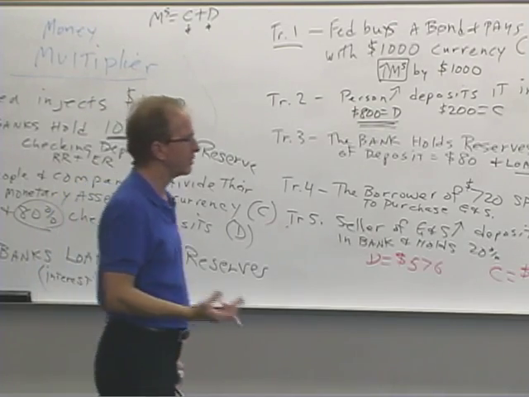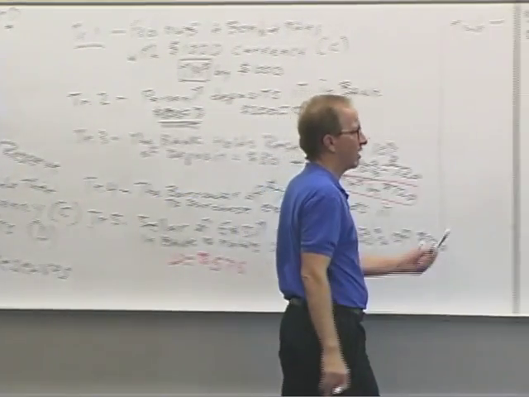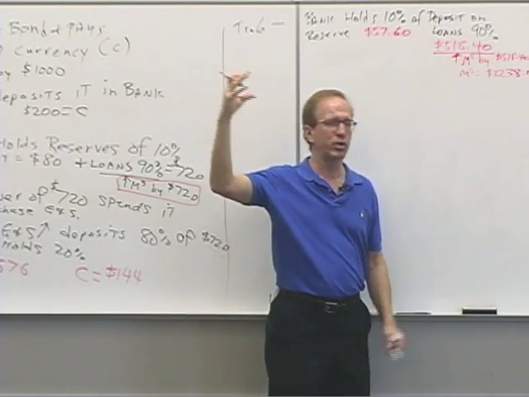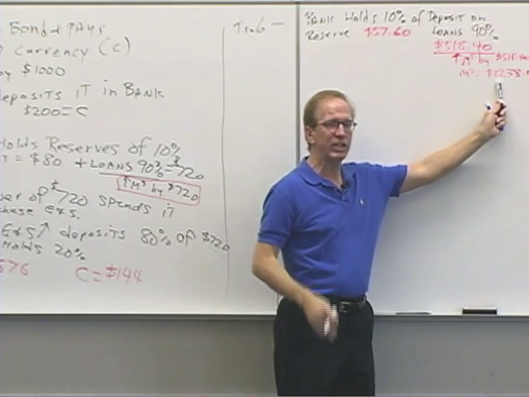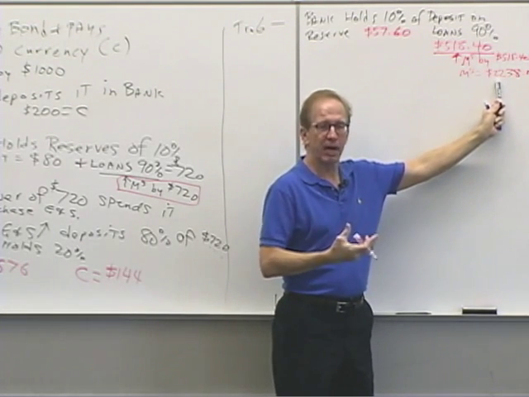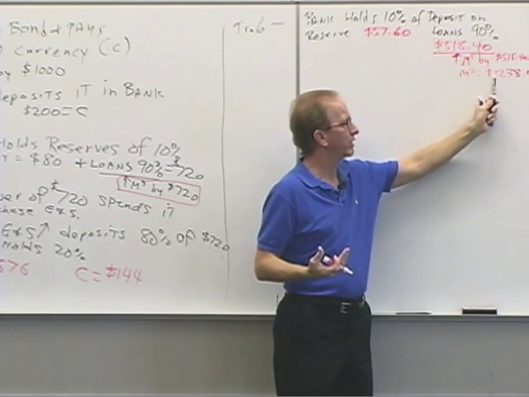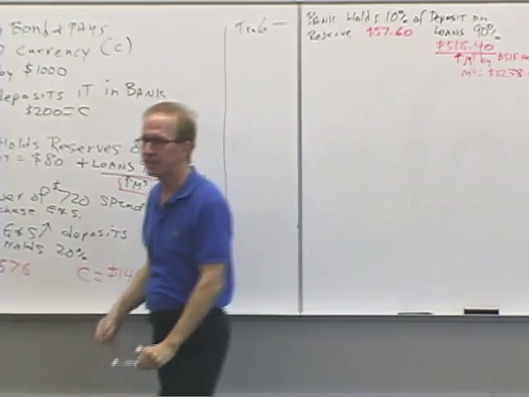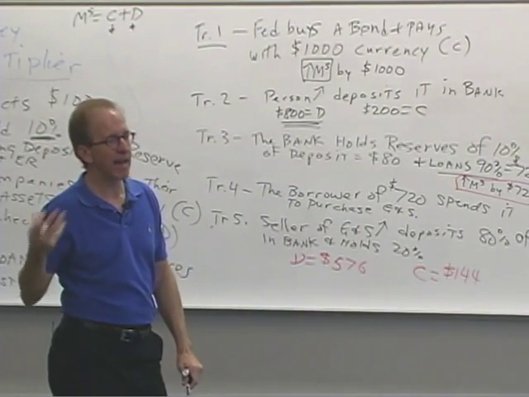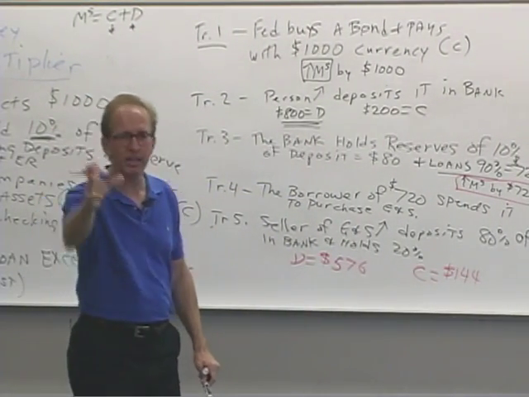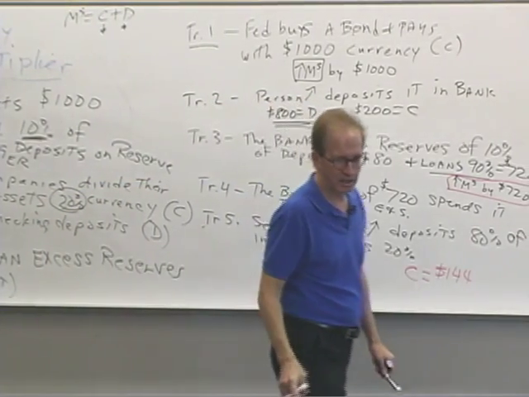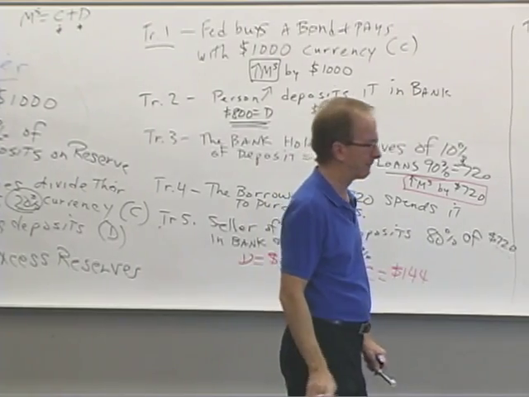Now, there's more steps to all this, but right now, if we had to calculate what's the multiplier, $1,000 got pushed into the economy. We've now got $2,238 in the money supply. The multiplier is already 2.2384. What's making this happen? It's the fact that we're holding fractional reserves and lending the rest, and when we make a loan, that adds to the money supply.